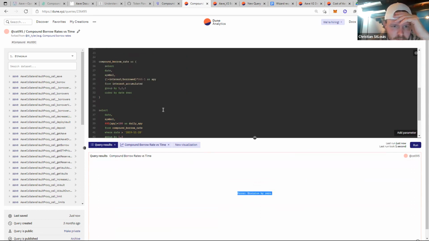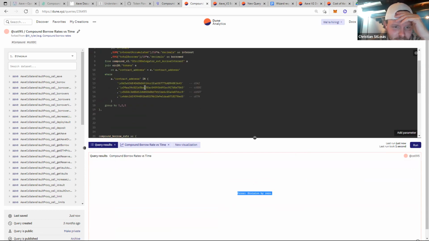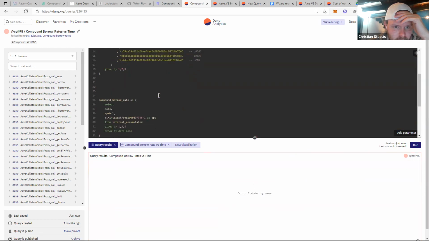Division by 0 somewhere. Also, the errors that you get on Dune are annoying because it doesn't specify where the issue is. But I imagine this is probably it.